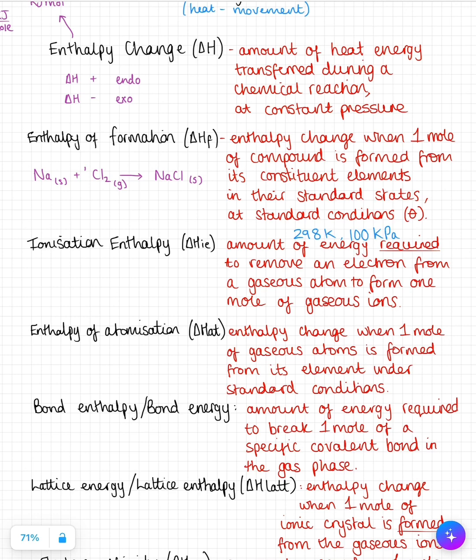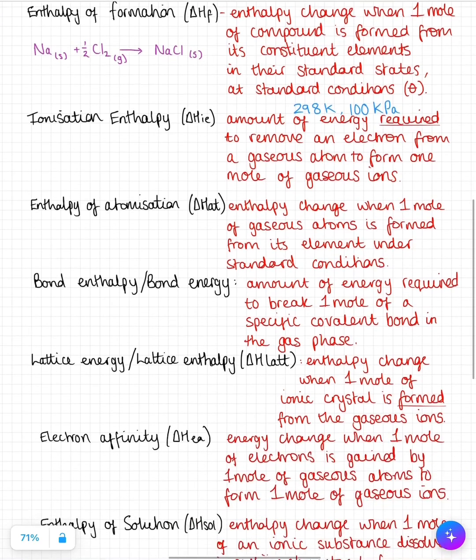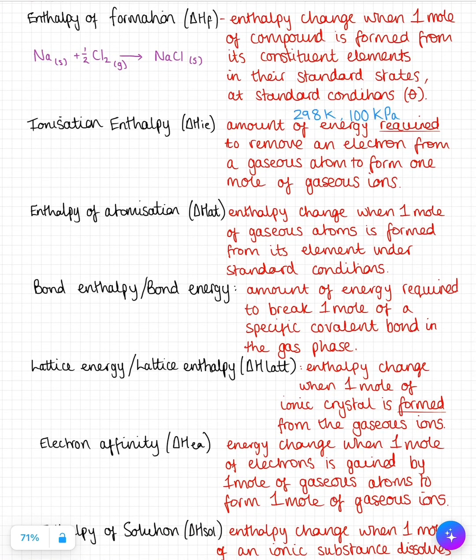So we would need half Cl2 in order to have 1 mole of our compound. Now the enthalpy change of formation of an element in its standard condition, for example chlorine or sodium, is 0, because by definition they are not a compound, so we are not forming them.